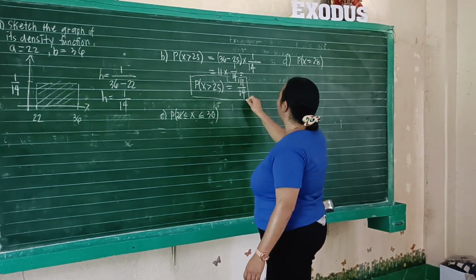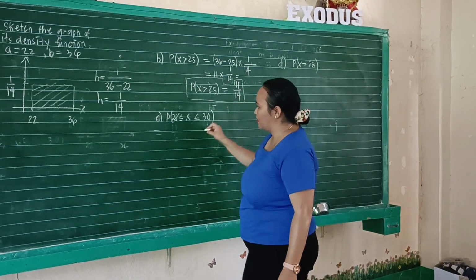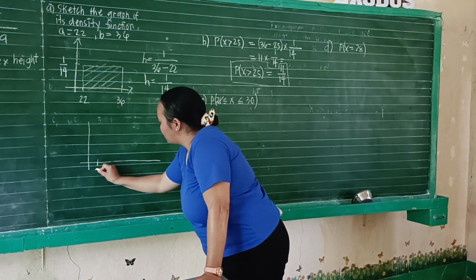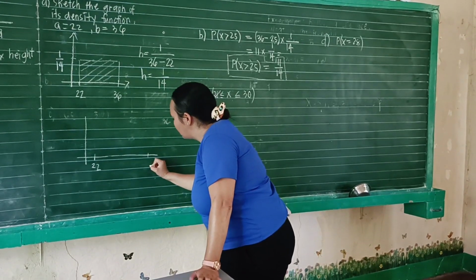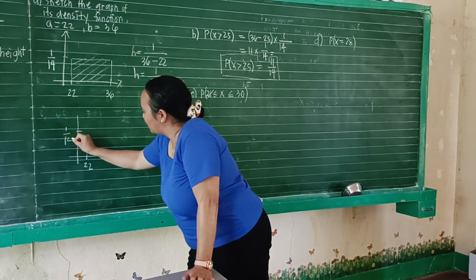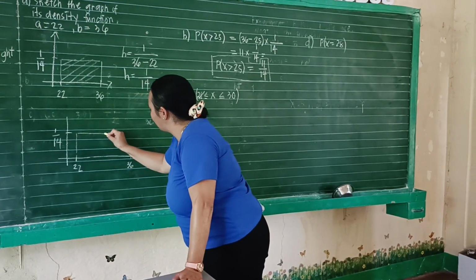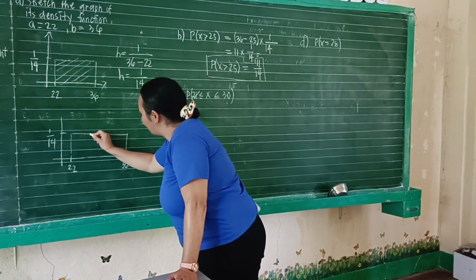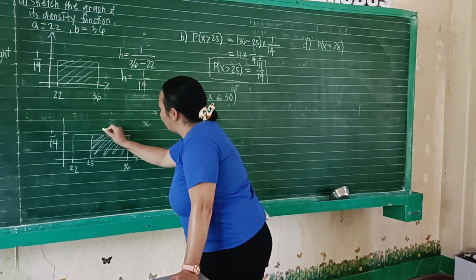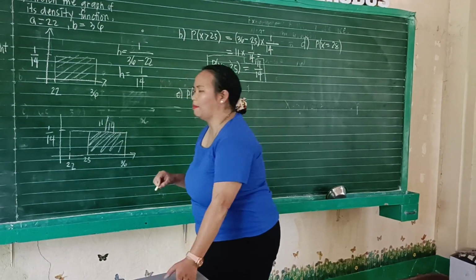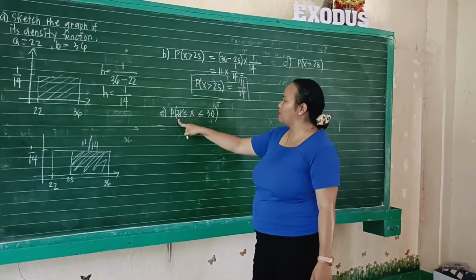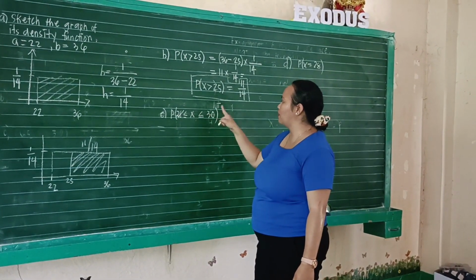And when we graph this, ato siya i-graph diri dito. If this is the 22, this is the 36, mo ni si 1 over 14. Ang 25 is somewhere here. This is now the 11 over 14 nga probability. Next is probability when x is greater than or equal to 28 but less than or equal to 30.